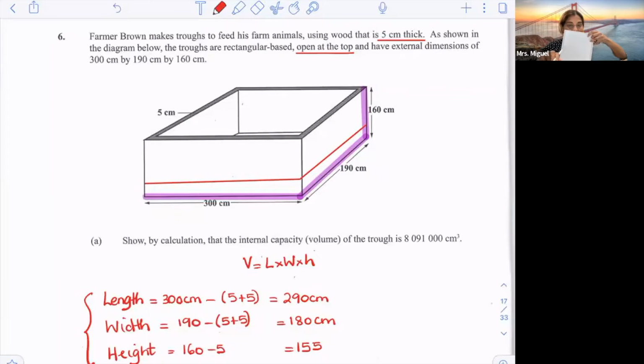How much was it? 290 here by this length was 180. So the area of one face is really 290 by 180. So that is the big part at the bottom here, right? How much is that? 290 by 180.